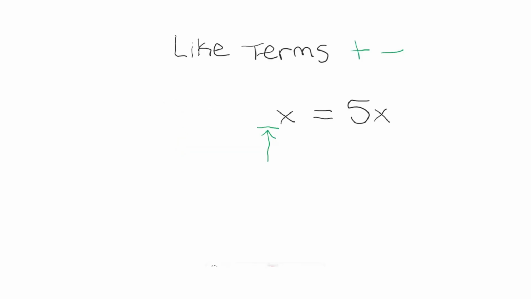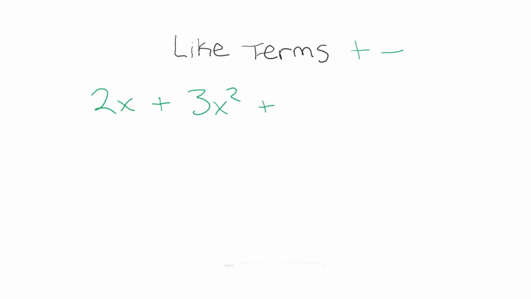So let's look at something a little bit more complex. Let's think about this equation. What if we have 2x plus 3x squared plus 3x plus 4x squared? What would this be equal to?